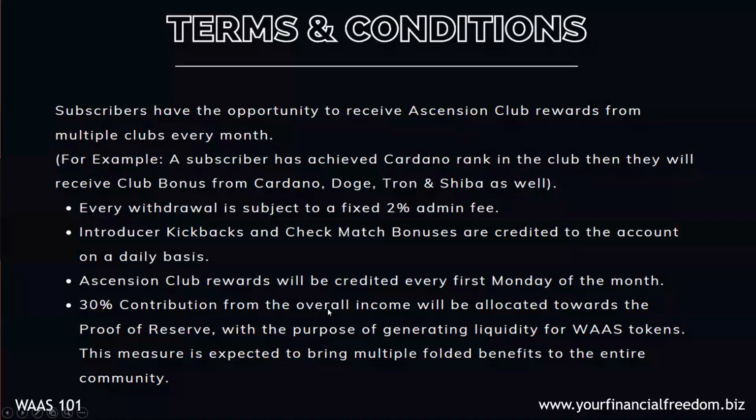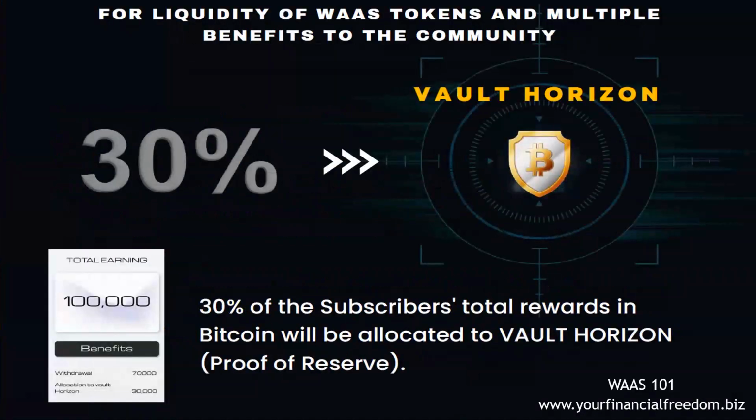30% contribution from the overall income will be allocated towards the proof of reserve, which is buying Bitcoin and holding it until 370 days, which are left, with the purpose of generating liquidity for the WASP tokens. This is expected to bring multiple folds of benefit to the entire community. This is an example.